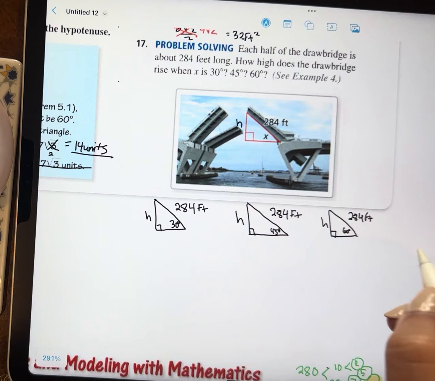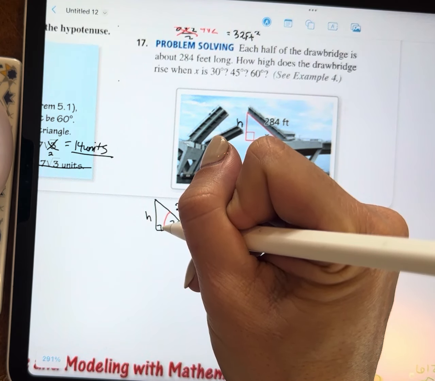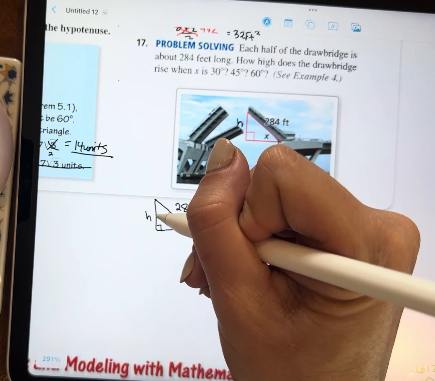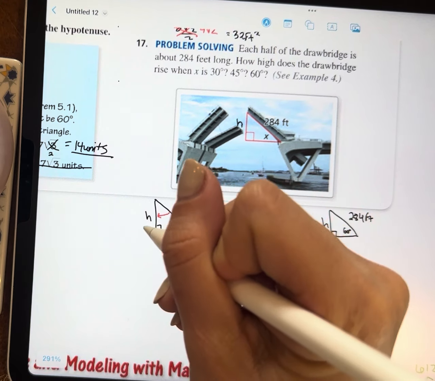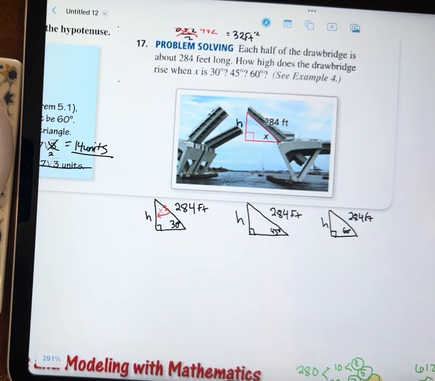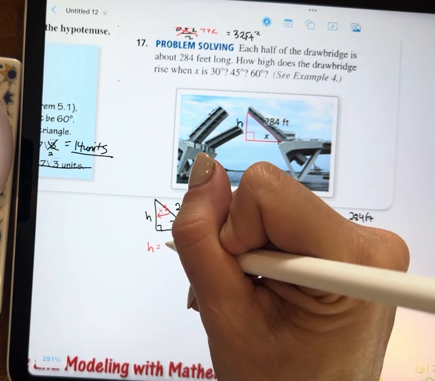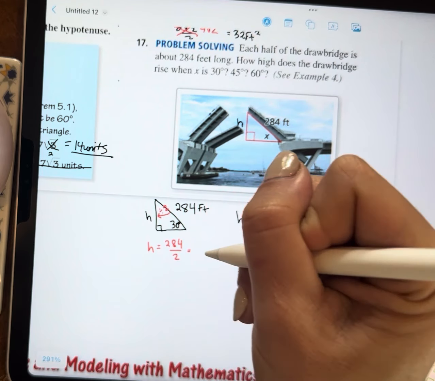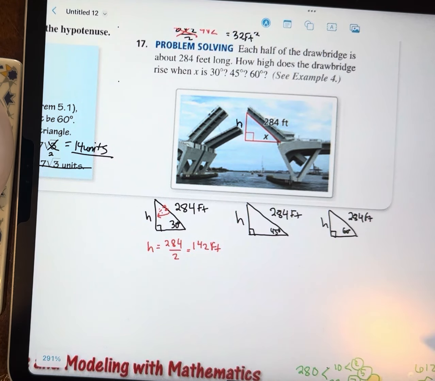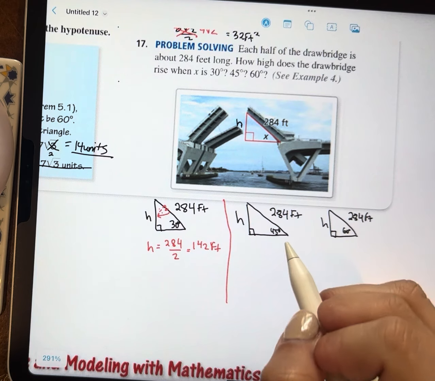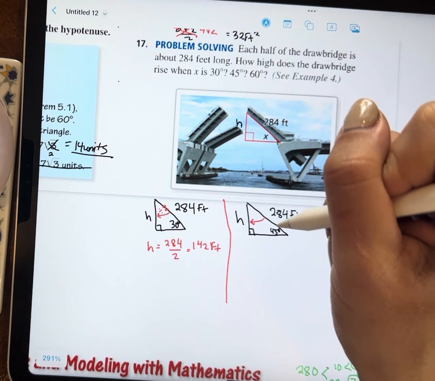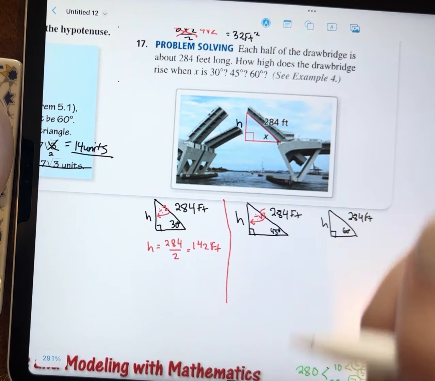In all of these, we've got the hypotenuse, which means we've got to go backwards to get the short leg, which is right here. From hypotenuse to short leg, we divide by 2. So in this case, h equals 284 divided by 2, which is 142 feet. In this one, I gotta go backwards from the hypotenuse to the leg on a 45-45, which means that I must divide by radical 2.